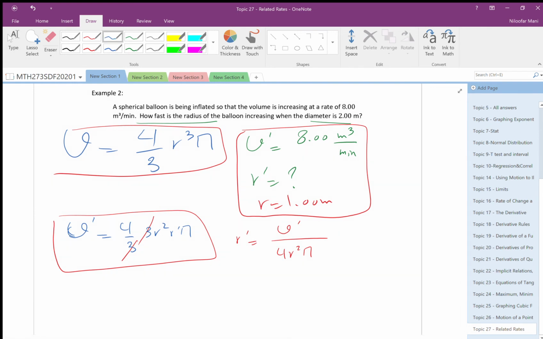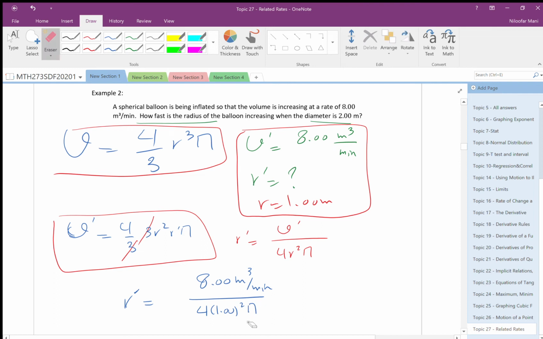How? Substitute. R prime is 8 meter cubed per minute divided by 4 times 1 squared pi.